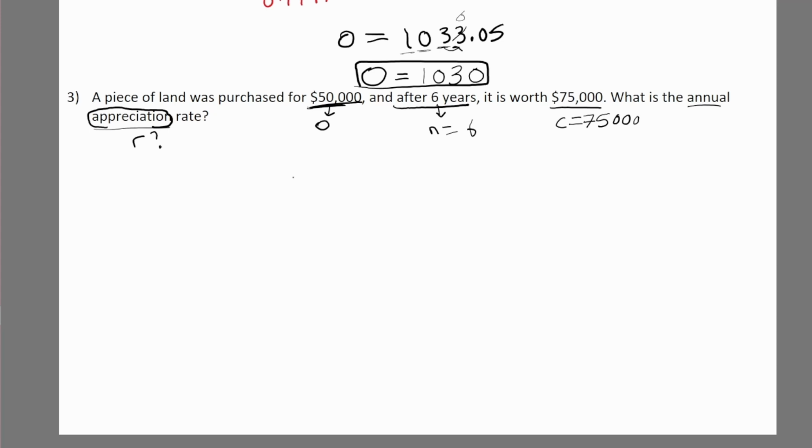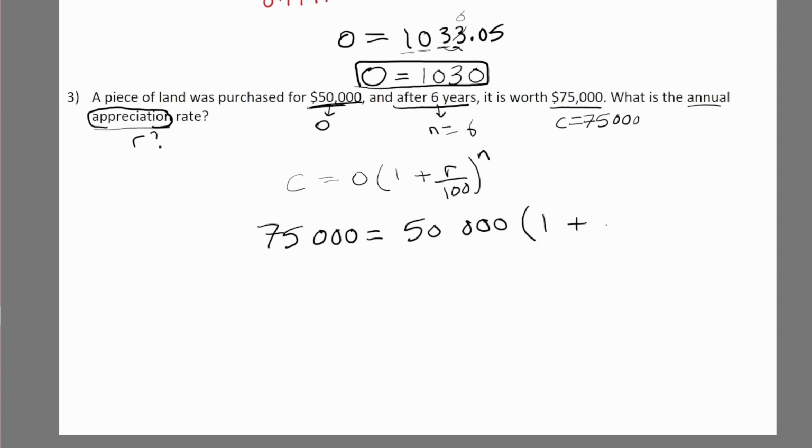So if the question does not mention the word appreciation, that doesn't mean that we don't know. We can tell from the numbers. So we're going to go ahead and write out the rule. Current is equal to original multiplied by 1 minus, plus R over 100 to the power of N. And we're going to substitute our variables. So we have $75,000 equal to 50,000 multiplied by 1 plus r over 100 to the power of 6. Okay, so the first step to do here is to get rid of the 50,000.